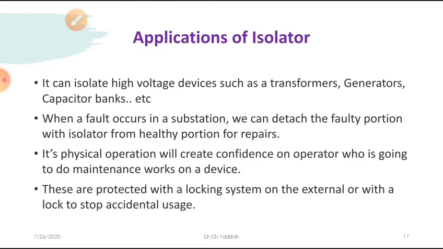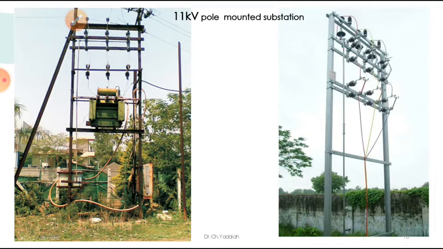Let us do another switch, known as a low voltage and medium voltage switch, another family of switchgear: the 11 kV AB switch, air brake switch. Let us see. Here you already observed double pole structures in an 11 kV substation. What is this one?